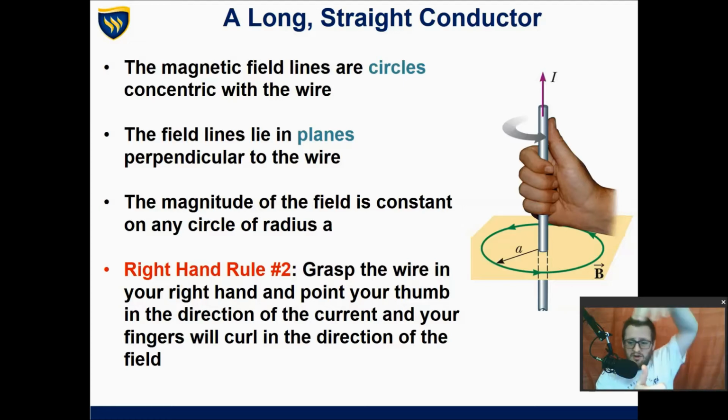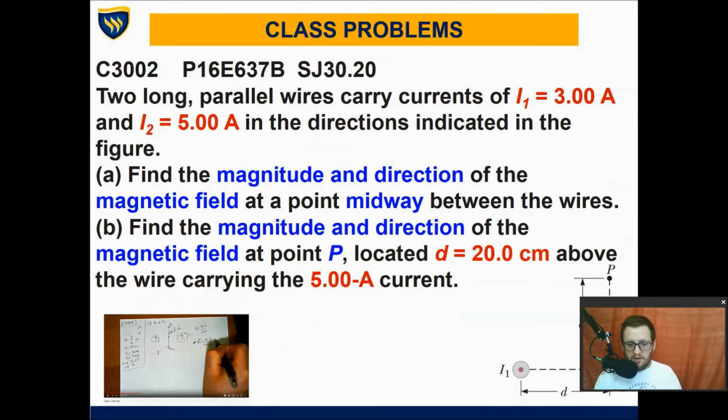If you're looking down upon the wire with the current coming towards you, you would see a counterclockwise magnetic field circling around the wire. If you're looking underneath the wire with the current flowing away from you, you would see a magnetic field line that winds in a clockwise fashion around the wire.